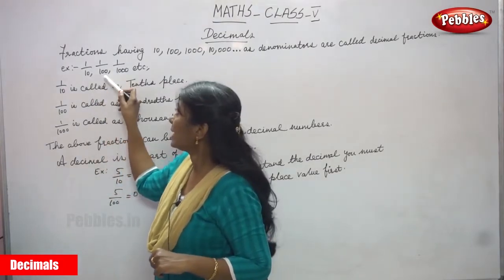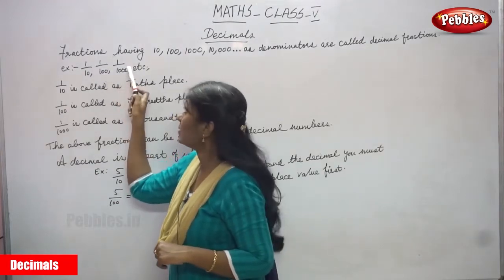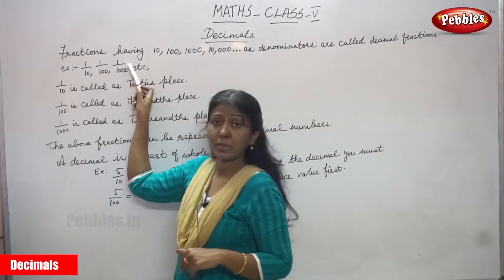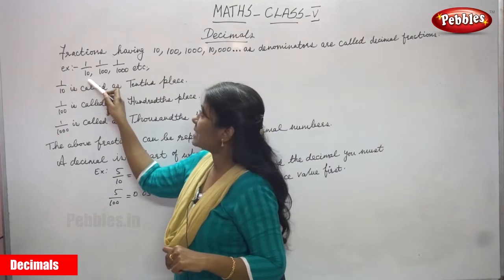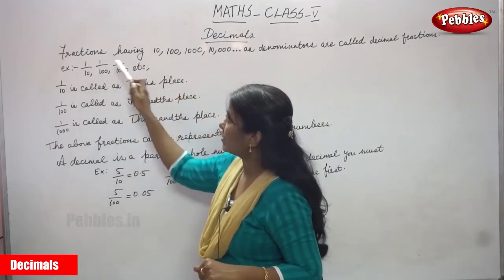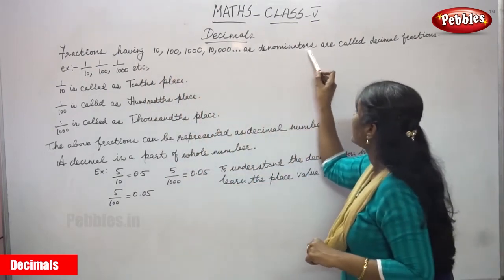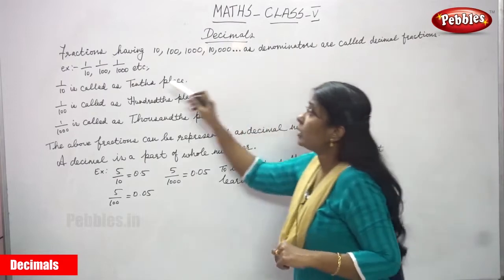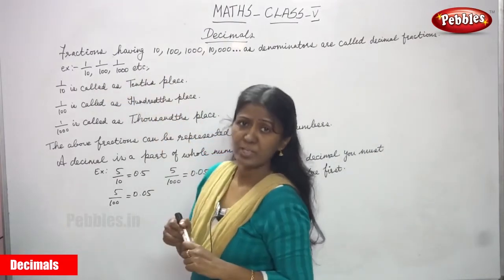And 1 by 100: 1 is the numerator and 100 is the denominator. Again, 1 by 1000: 1 is the numerator and 1000 is the denominator. So these come under denominators, so they are called decimal fractions.